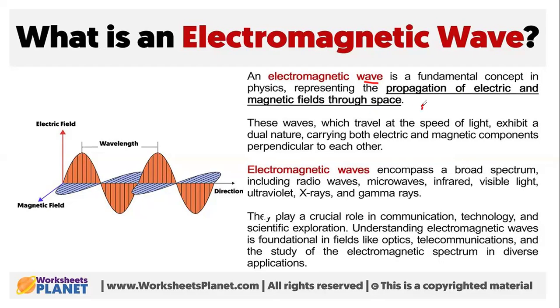Propagation simply means the movement or the transportation of the electric and the magnetic fields through space. As those fields are traveling, they carry with them energy. So energy is being transported from one place to the other place, and that's what we call an electromagnetic radiation or an electromagnetic wave.